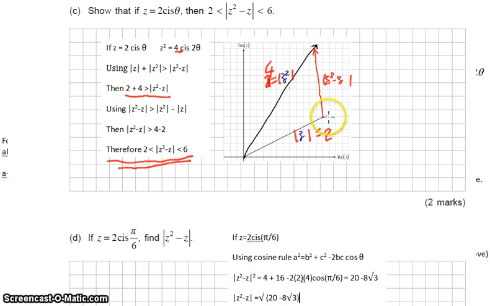Okay. Now, given theta is equal to pi over 6, we can apply the cosine rule, right, to show the value of the modulus. Done.